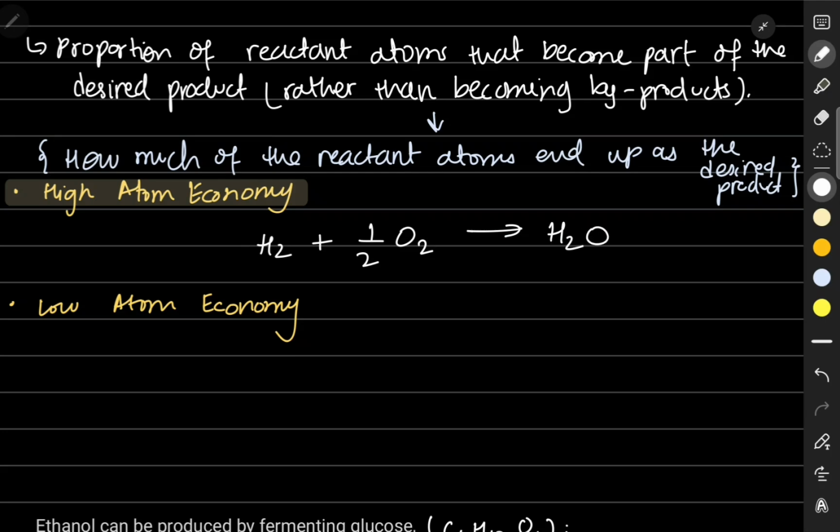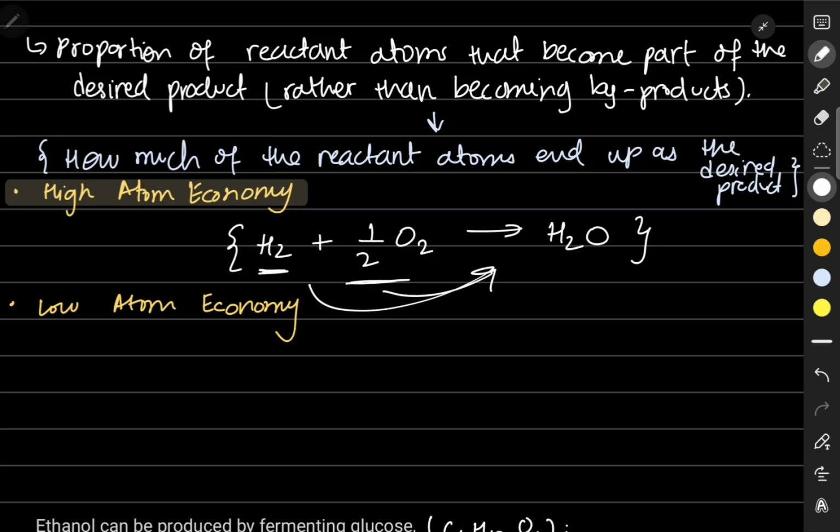I'm going to say that this reaction has a high atom economy because there are no waste products. All hydrogen and oxygen end up as one single product, which is water.